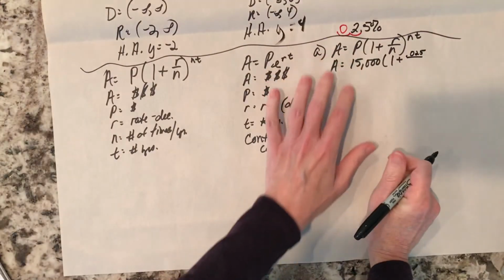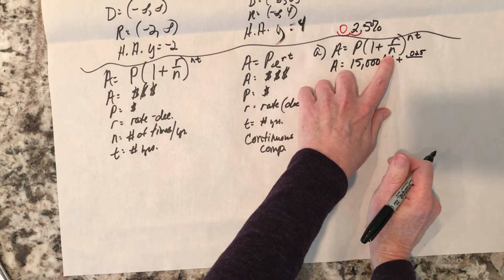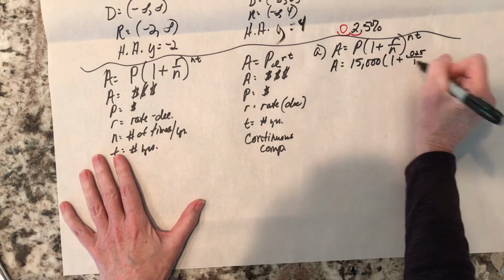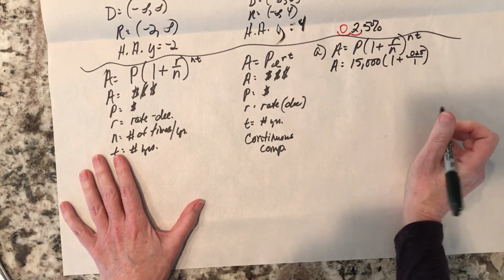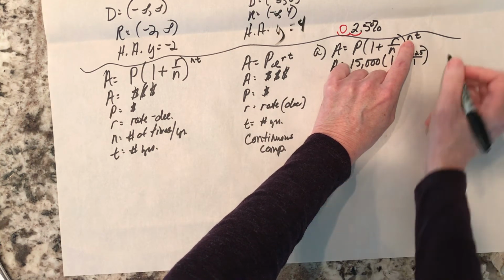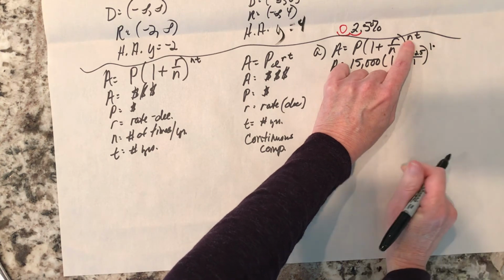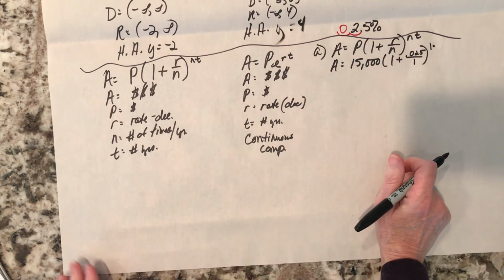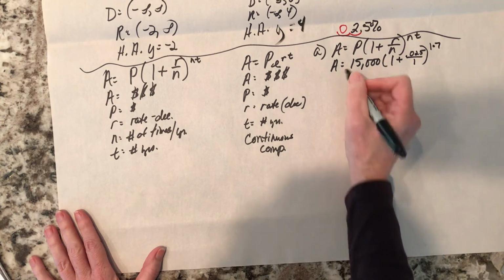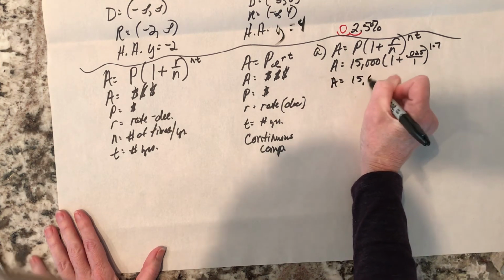The N is how many times this is being compounded annually, and it says annually, so that's 1 time a year. Close the parenthesis, raise it to this exponent. How many times per year? That's what N is, that's a 1, times the time. How many years? They tell you in the instructions it's 7 years. So let's clean this up. $15,000.